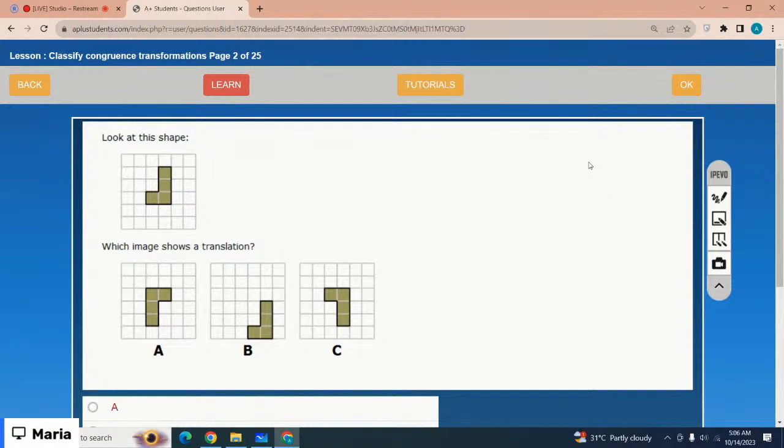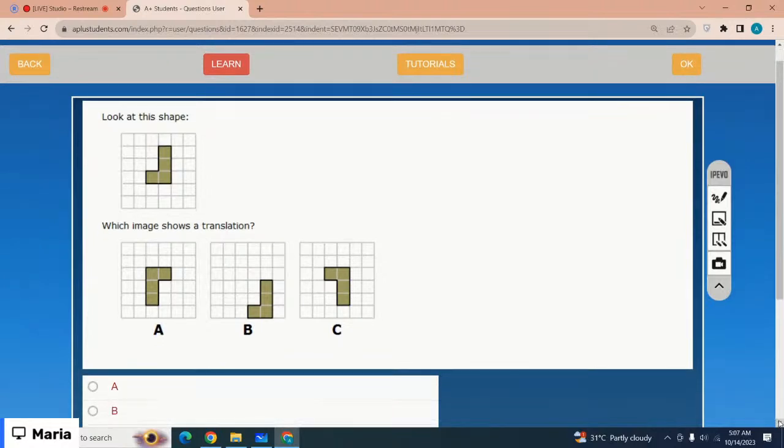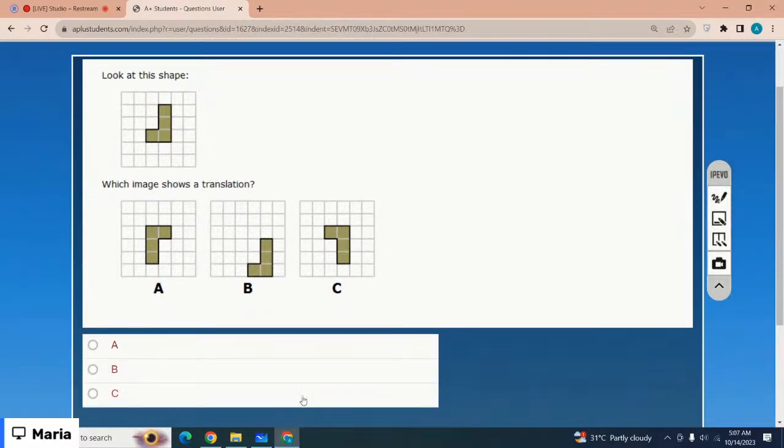A, B, C, which is the translation? B is the translation.